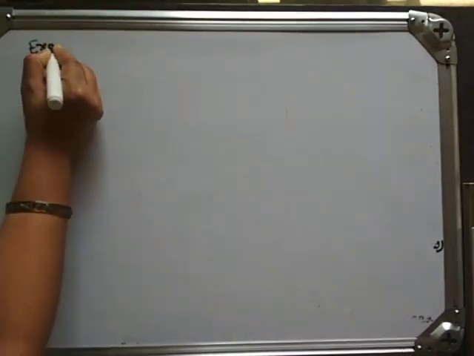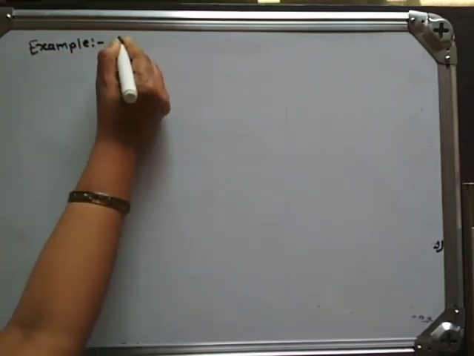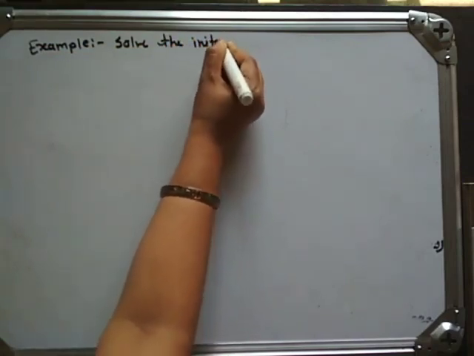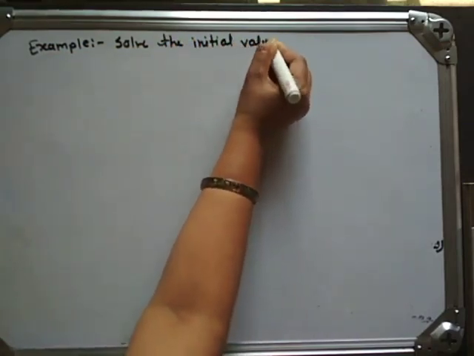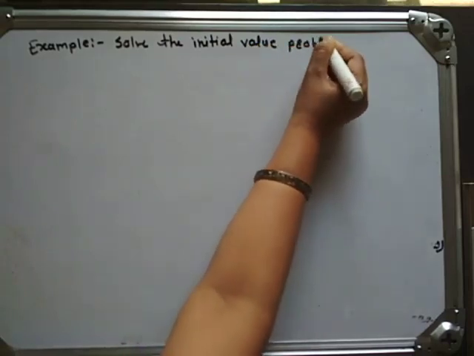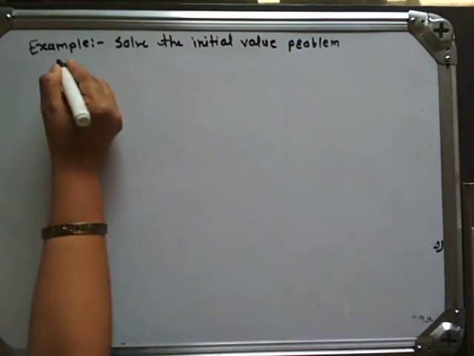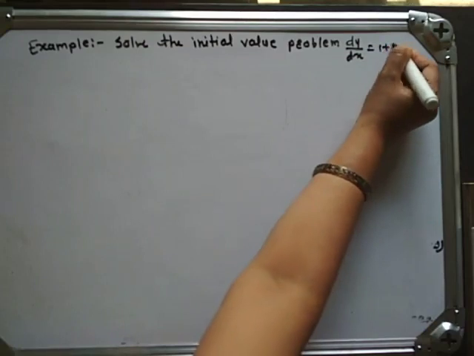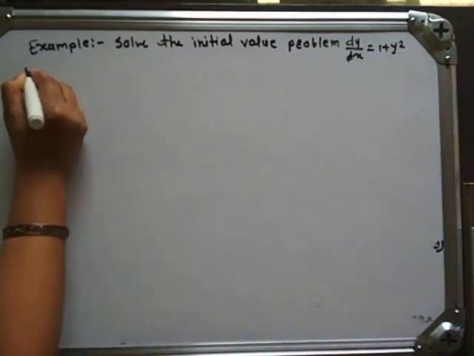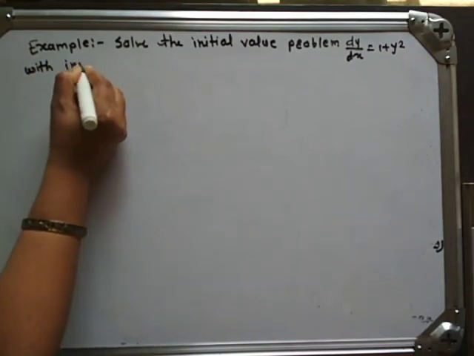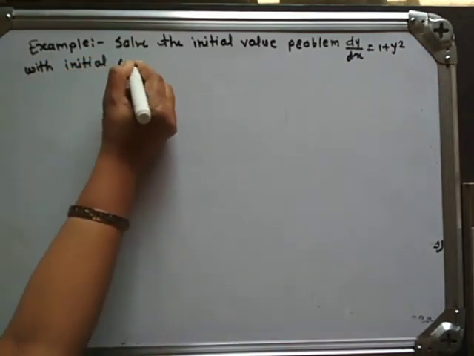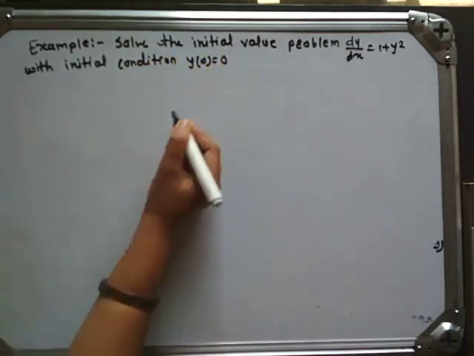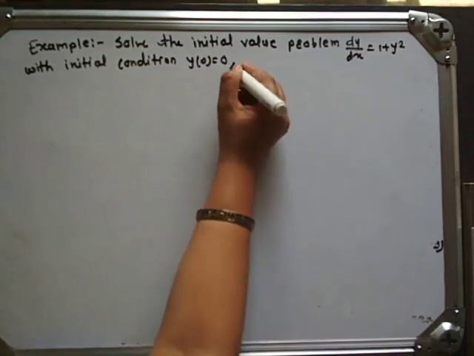Okay, the example is: solve the initial value problem dy by dx is equal to 1 plus y square, with initial condition y of 0 is equal to 0, by the Runge-Kutta method.